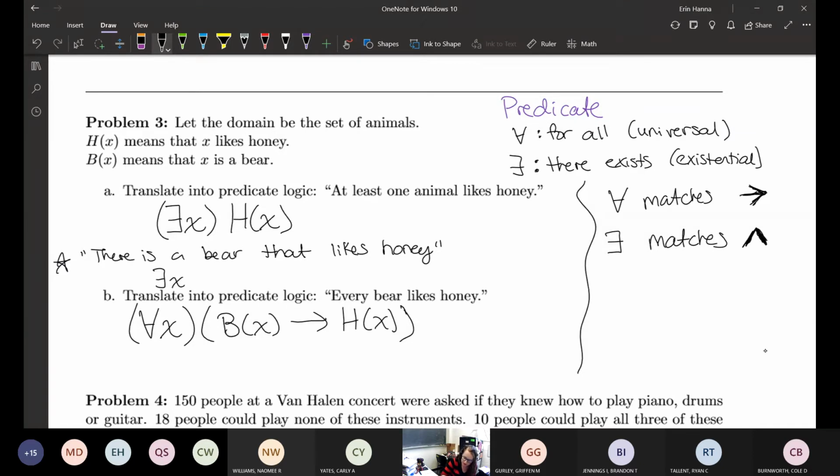This would be an exists, but then it's essentially, sorry, I shouldn't have said if, it's a bear and it likes honey. So there exists at least one thing such that it's a bear and it likes honey. And again, that's why we say exists matches with and.